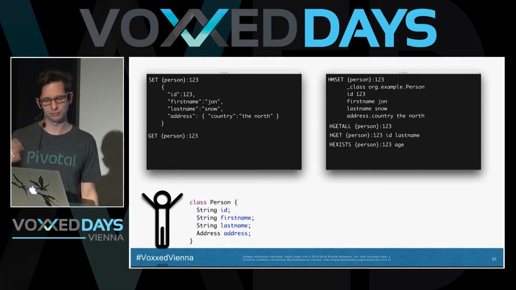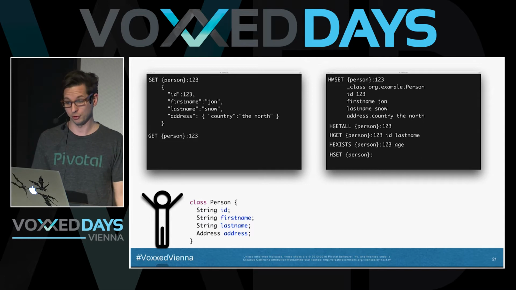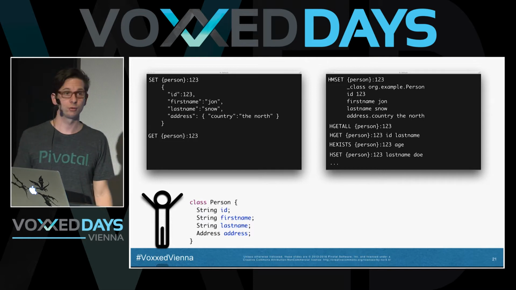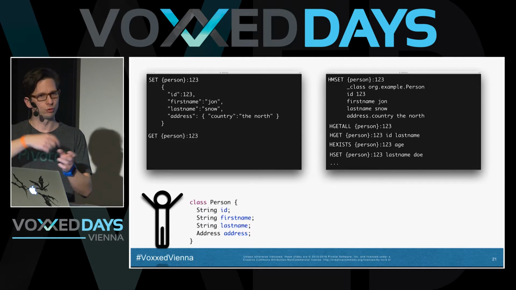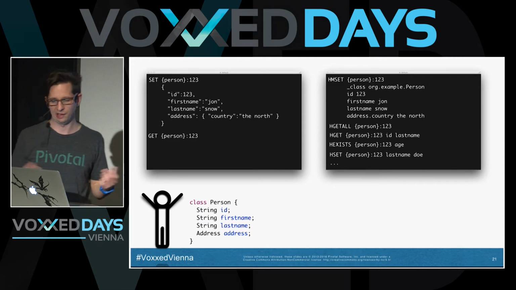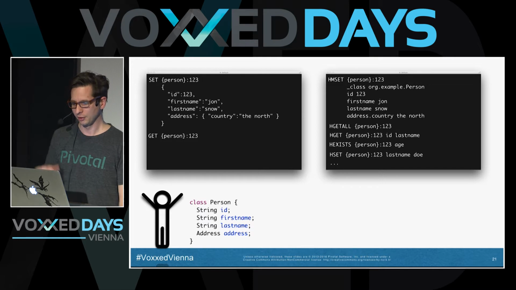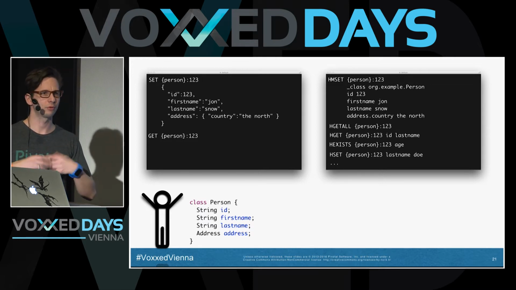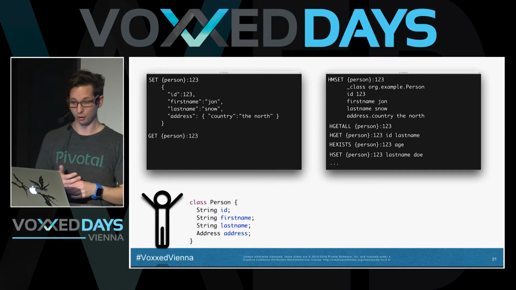You could ask if a property exists within the hash, if that matters to you. And of course, you can do a partial update by just setting a certain key in the hash. Let's say the last name is then no longer John Snow but John Doe, because you had a typo or whatever. So you have partial updates and don't have to serialize and deserialize the entire object over and over again.